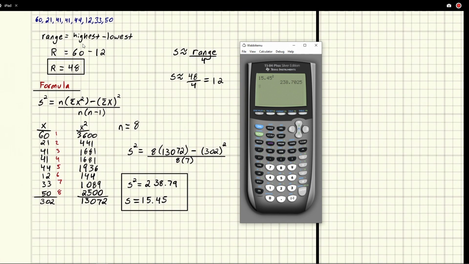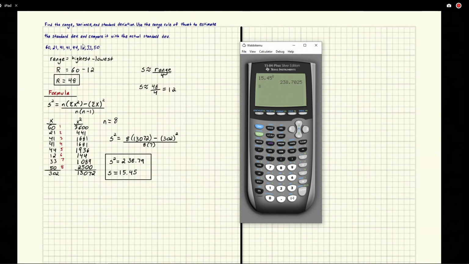So down here we have the actual S, and then we have this S. And they want us to compare them. You could write any number of things for this comparison.